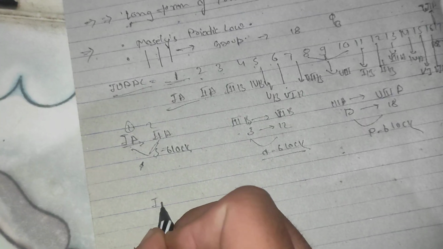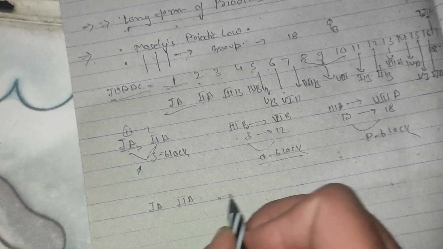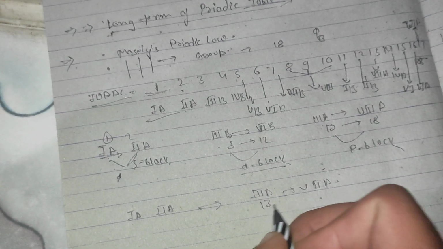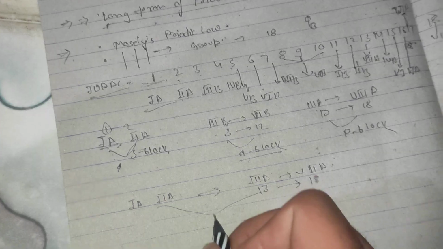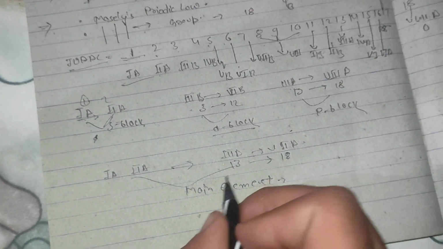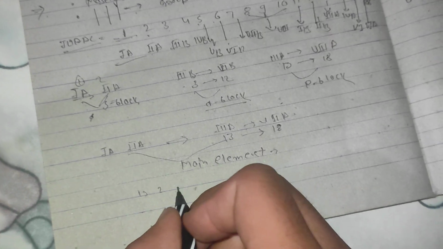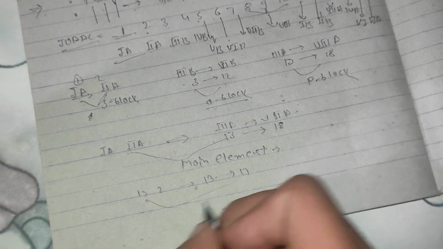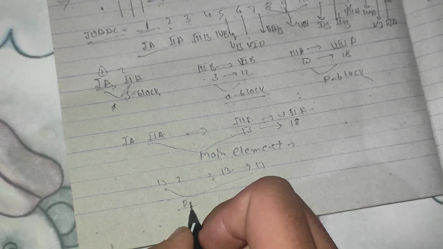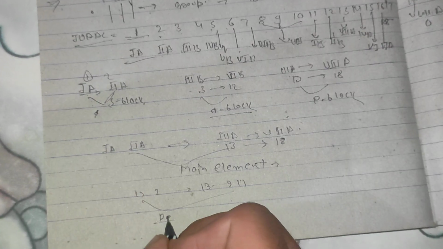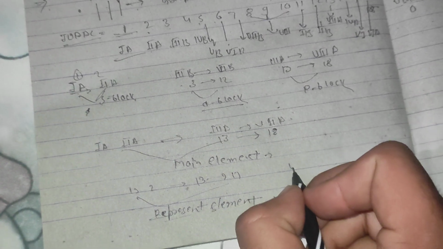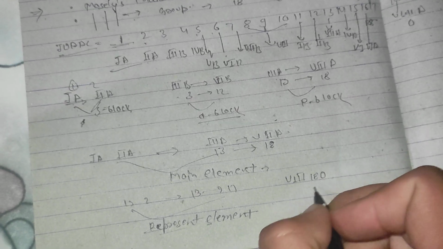When we take groups 1A, 2A, and 13 to 17 together, these are the main elements, except group 18, and 17 is the halogens. These are called representative elements. And group 18, which is the zero group, is called the noble gases.